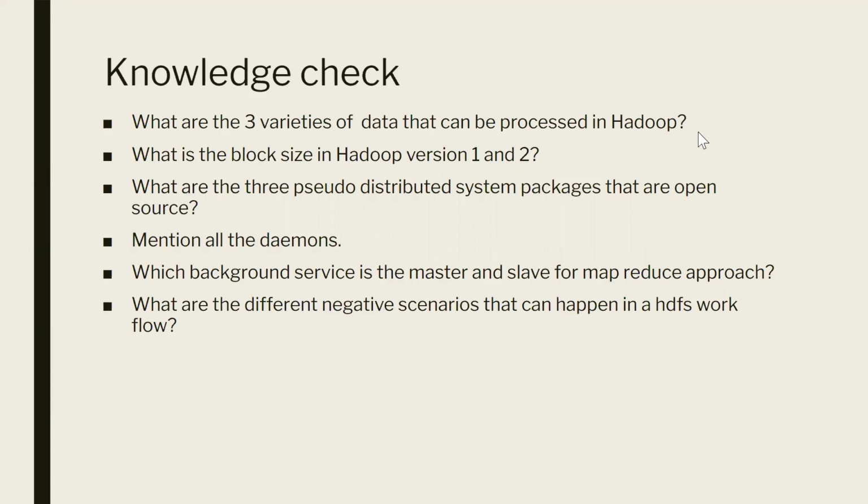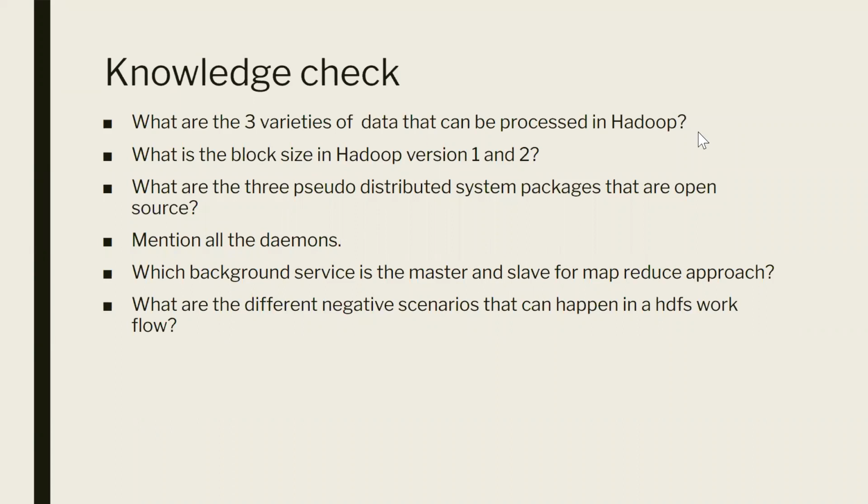Perfect. Which background service is the master and slave for the MapReduce approach? We haven't discussed that yet. What are the different negative scenarios that can happen in an HDFS workflow? Negative scenarios, can anyone tell me? Anything happens to the master, or any network issues happen in a slave node. Correct. Those are some negative scenarios.